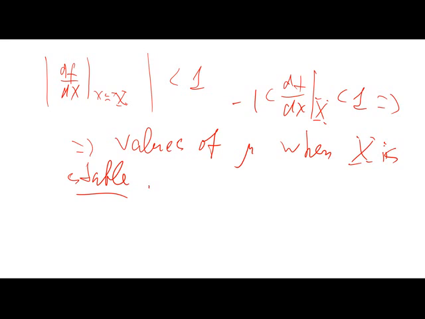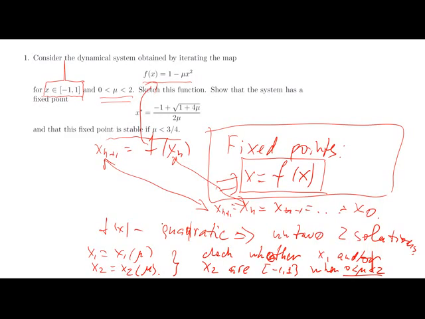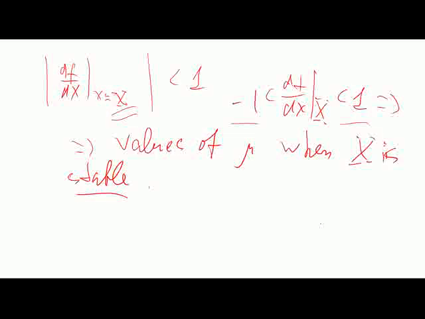So this is about stability analysis: you find the derivative of your function. I can tell you that in this problem, you will have 2 fixed points, but only one of them will be in this domain between -1 and 1 for given values of mu, and therefore you will need to do it only once.